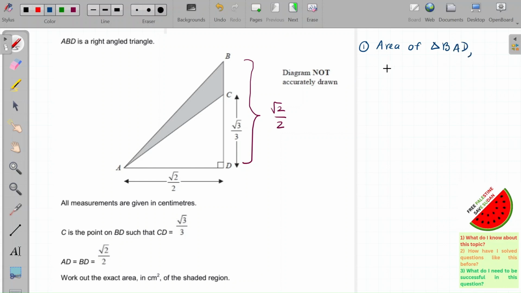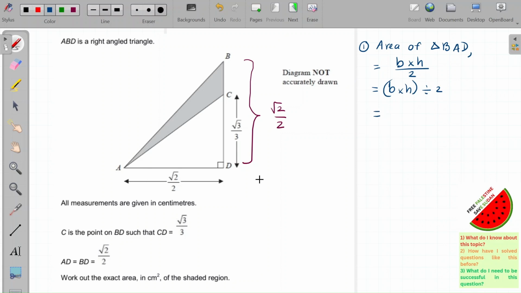This will be equal to base times height divided by 2. The base and the height have to be perpendicular, but both triangles are right angle triangles, so I don't have to worry about this too much. So I'm going to write this as essentially base times height divided by 2. I'm doing this now so that you don't get confused when I write this out.